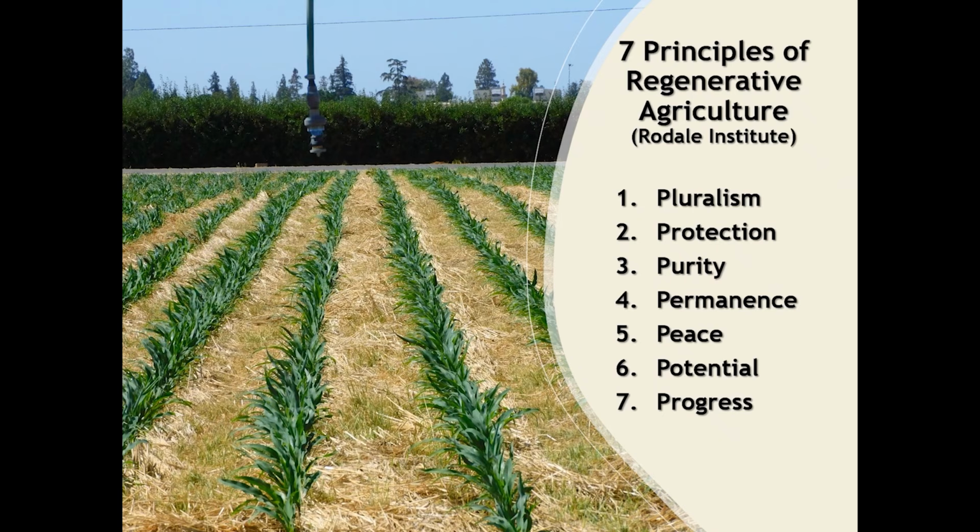They have 7 principles, and they all start with a P, as you can see there: pluralism, protection, purity, performance, peace, potential, and progress. Now, rather than discussing each of these, you may want to go to the website of the Rodale Institute and see how they elaborate these principles further.